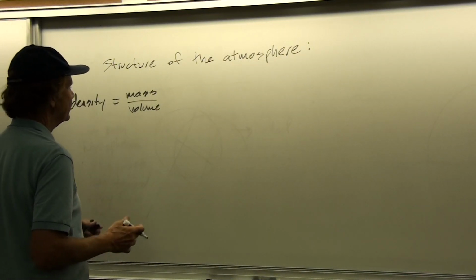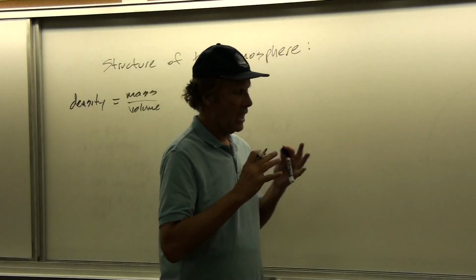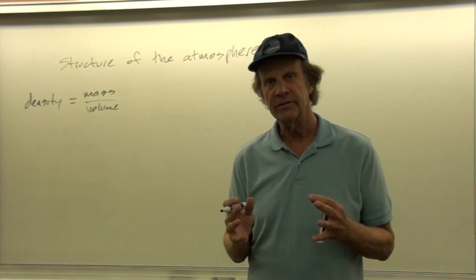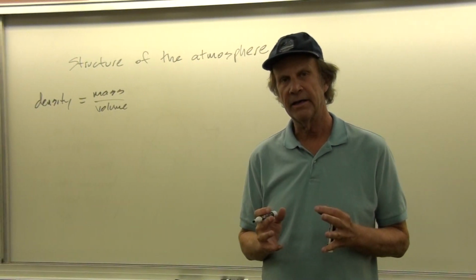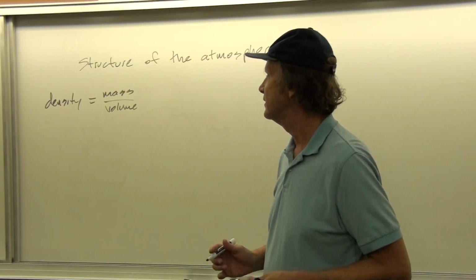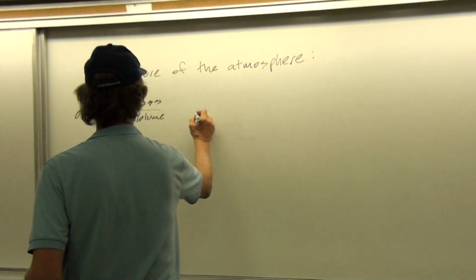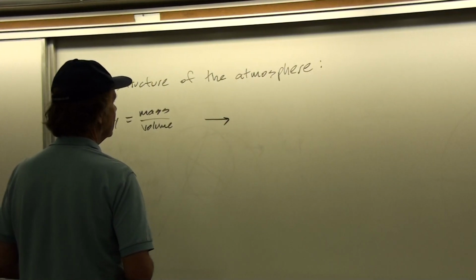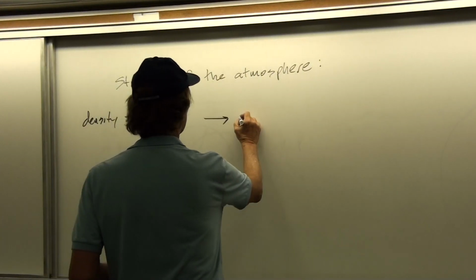And so there's a certain concentration of atoms in the atmosphere that exist in a certain volume. So we can think of that in terms of the density. And so the density tends to get larger near the Earth's surface.